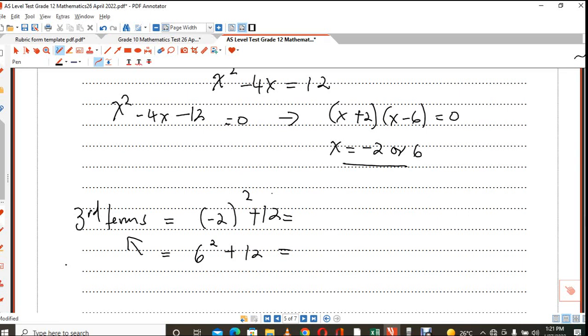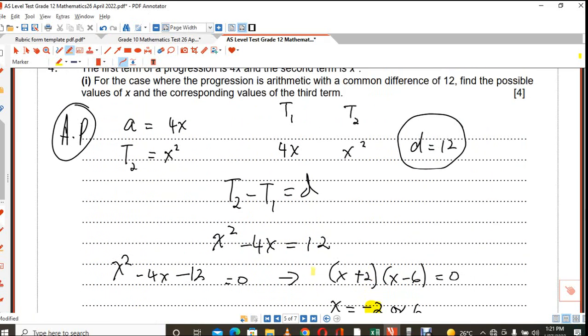Do you agree with me that this is 16? Yes. You also agree with me that this is 48? Yes. Now, how did I get to this answer? What does the negative 2 represent? This negative 2, it represents x. Okay, it represents x. Am I right?